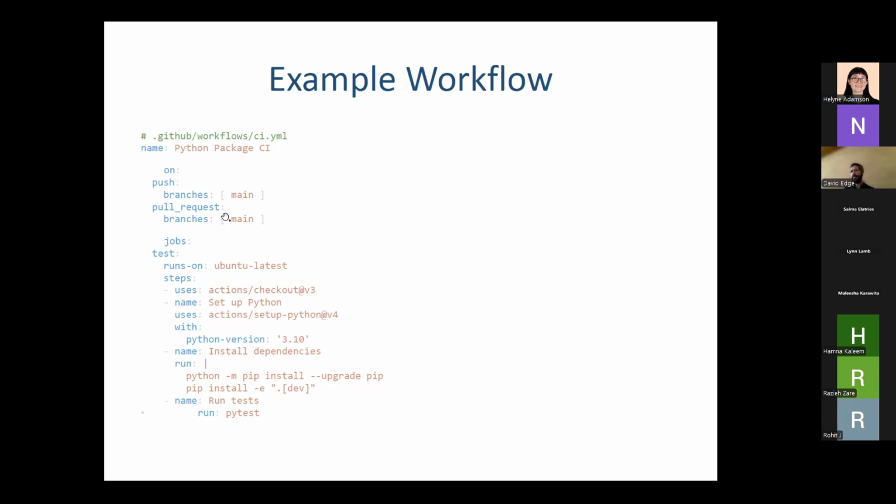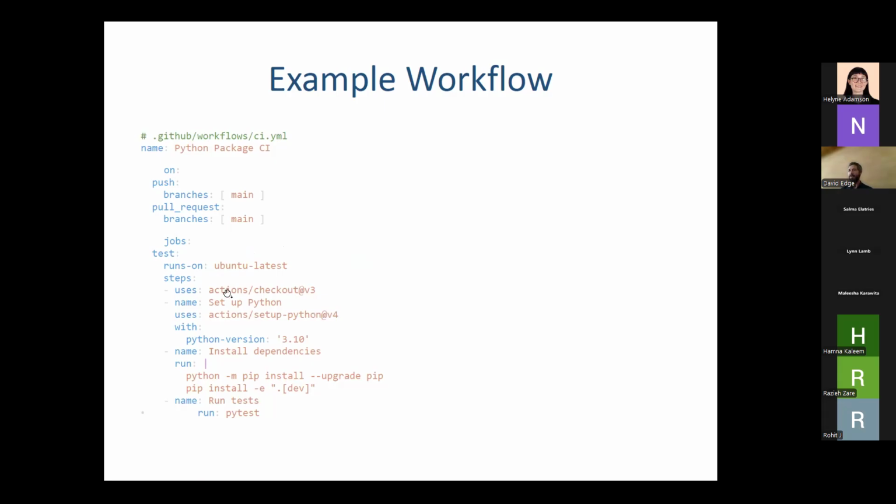And then down here, the jobs within that workflow. So we're going to run on this specific operating system, the latest version of Ubuntu. And then we're going to use a predefined action. So this checkout just means that we're pulling the latest version of your repository that's just been updated through a push or a pull request up here.